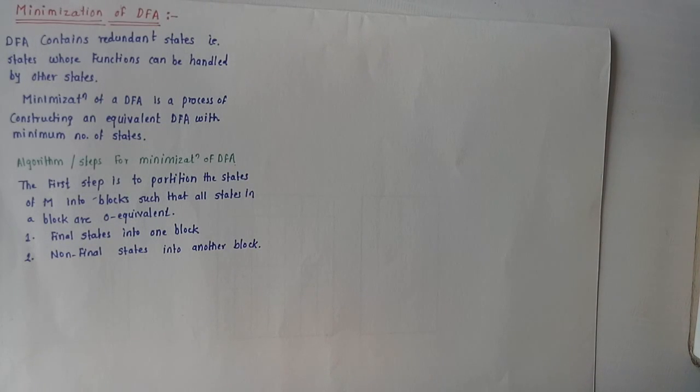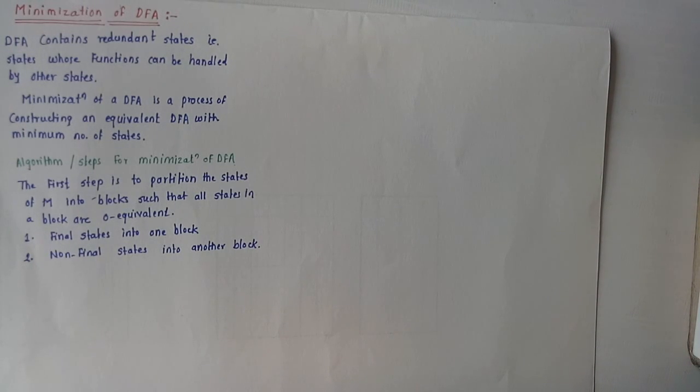The partition is defined by 0 equivalence, next 1 equivalence, next 2 equivalence, next 3 equivalence. Here we consider only 0 equivalence. In 0 equivalence we partition the states by the first condition: final states into one block and non-final states into another block. Now we consider one example.